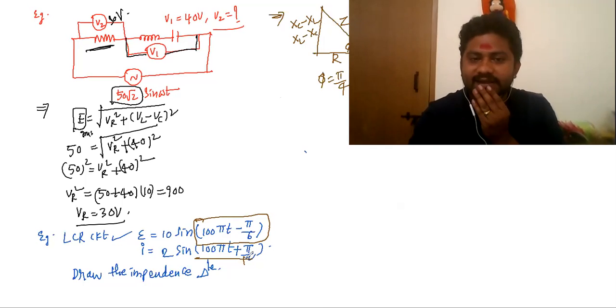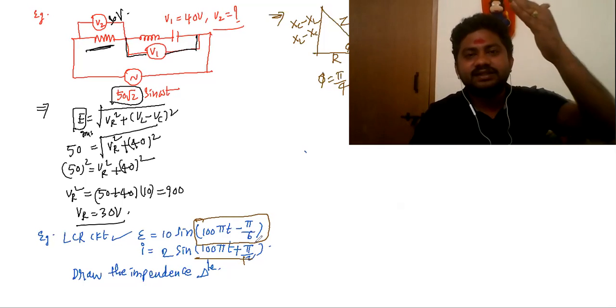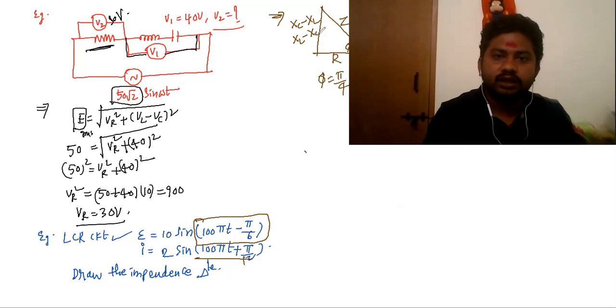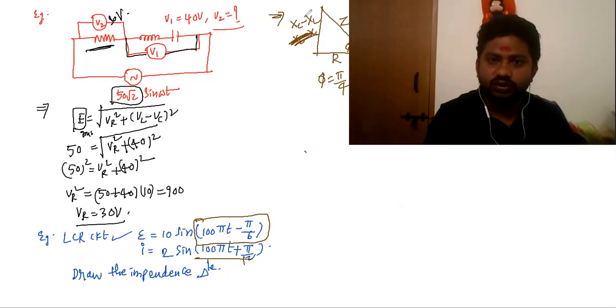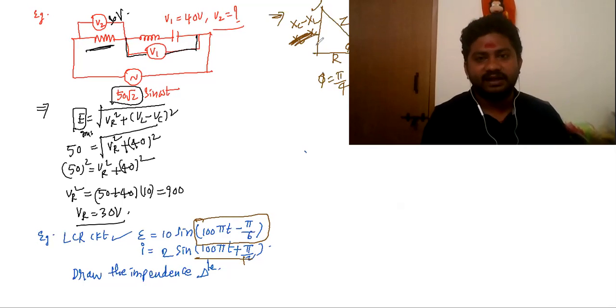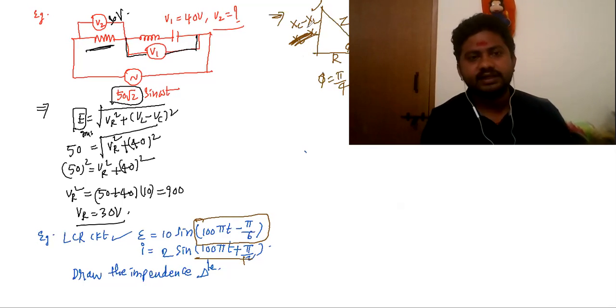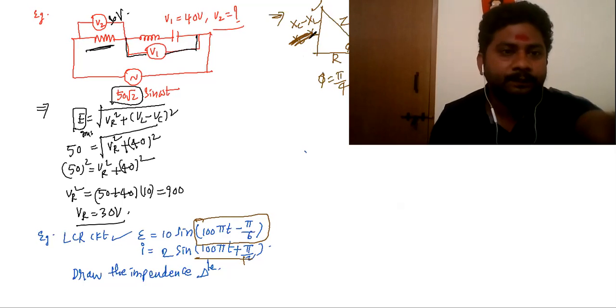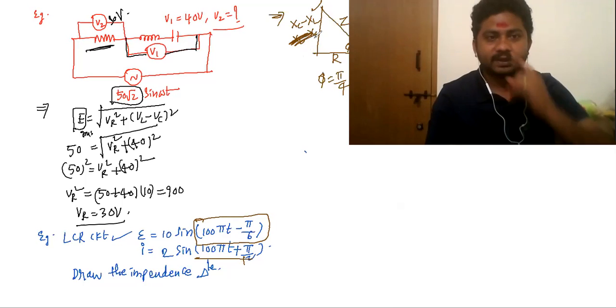When the current is leading, your circuit is definitely capacitance dominated. So this is XC minus XL. It doesn't make any difference here, but still you should understand each and every point of the concept.